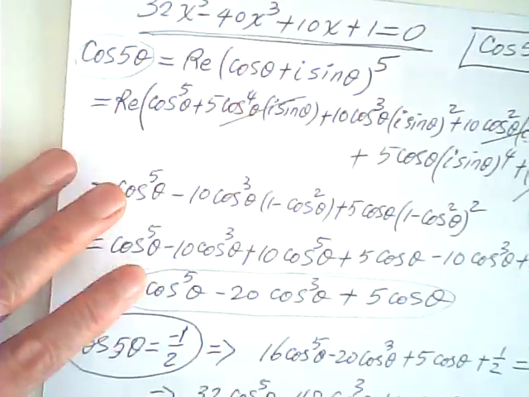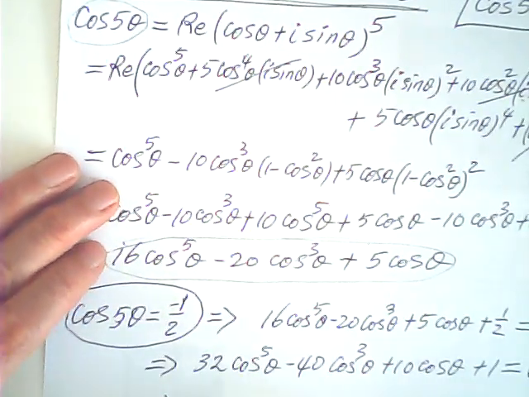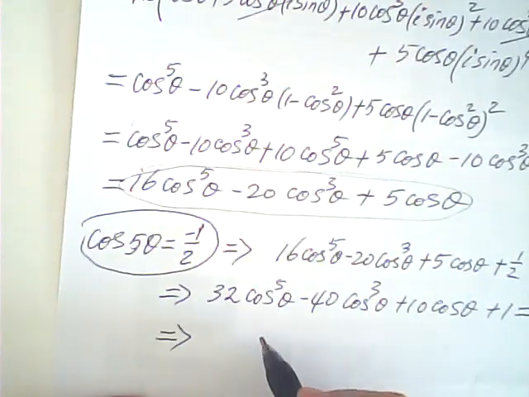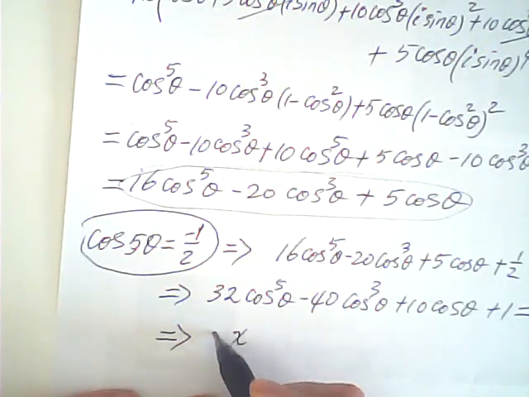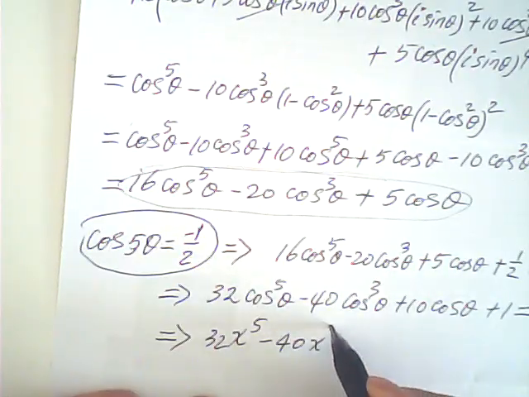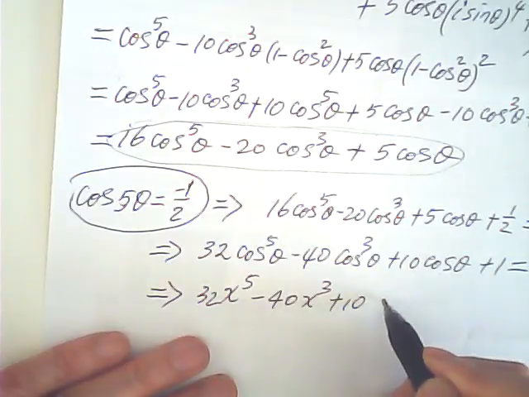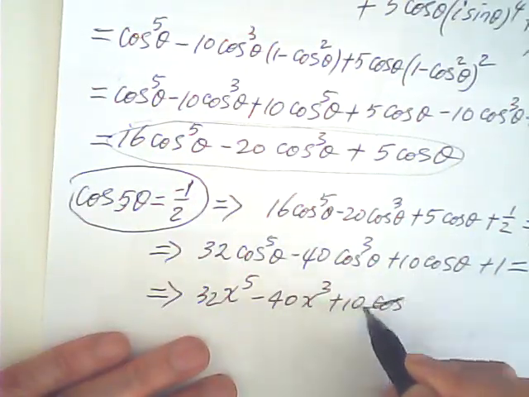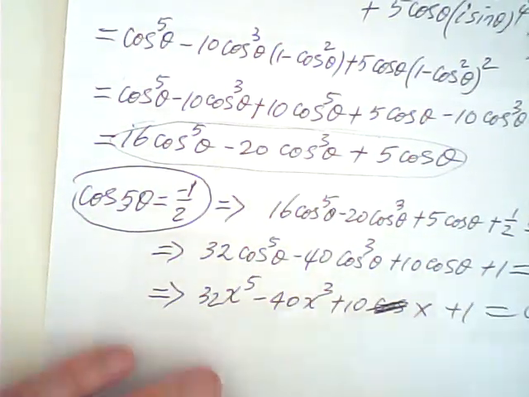So this means that x, 32x fifth minus 40x cubed plus 10x, sorry, plus 1 equal to 0.